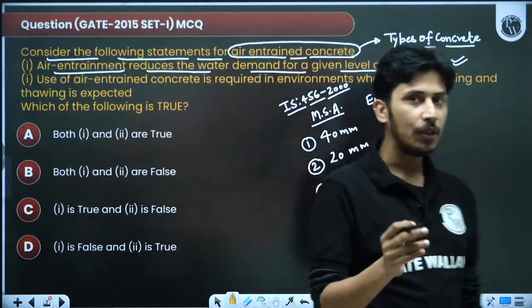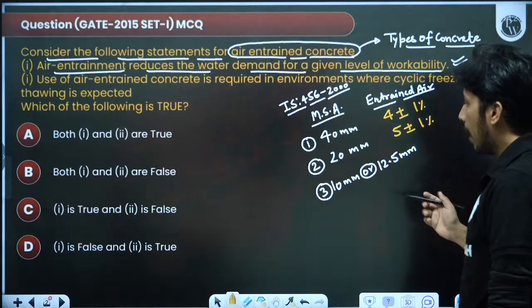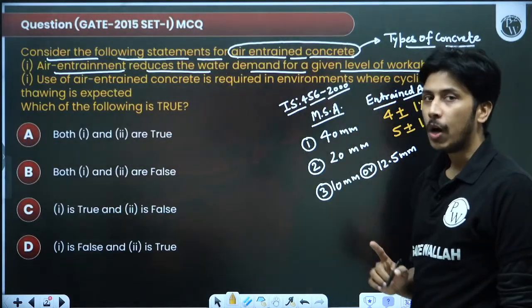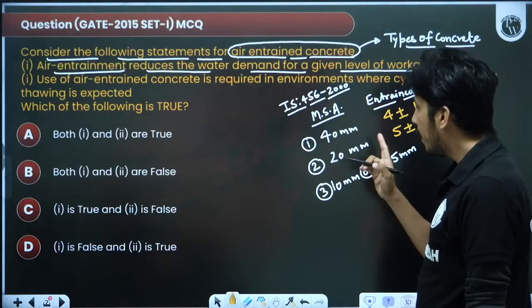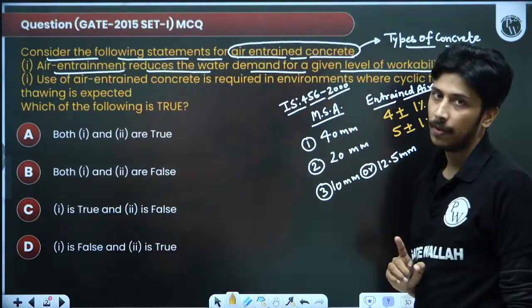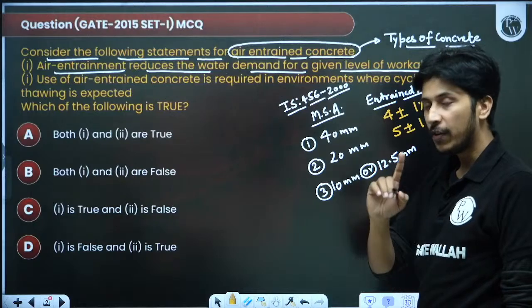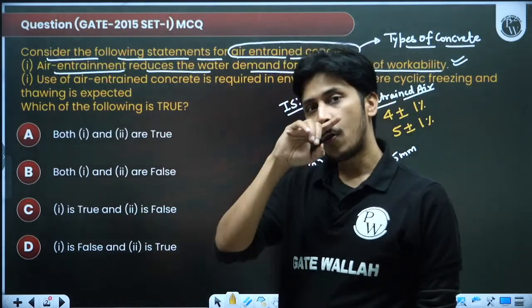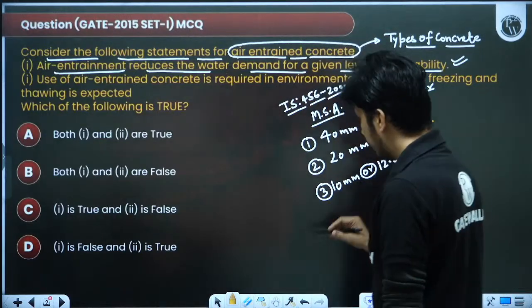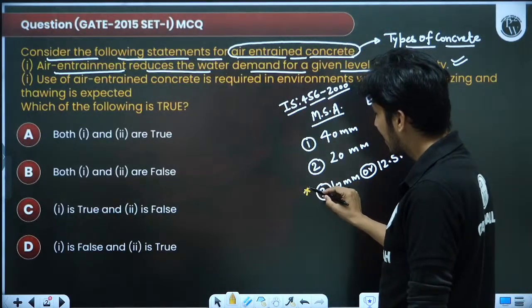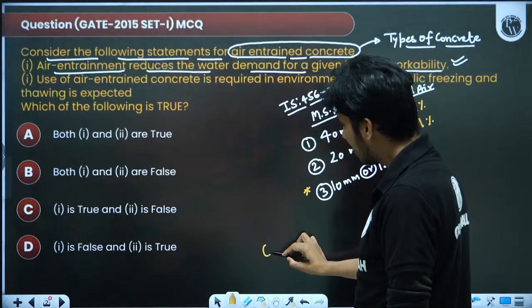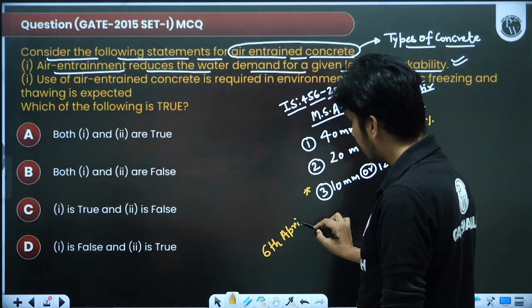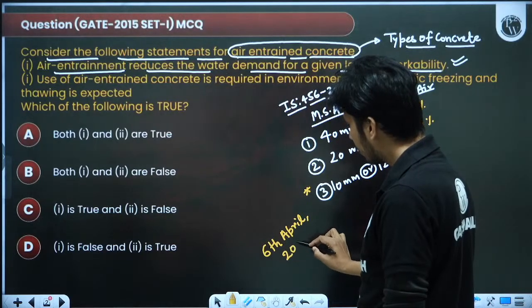Okay. Now there is a very interesting thing. Up to April 2024, only 20 and 40 mm was given. Up to whatever the code you have downloaded before April 2024, in that code, only these two things were given. But after 6th April 2024, that is why I am saying now you have to be updated also.